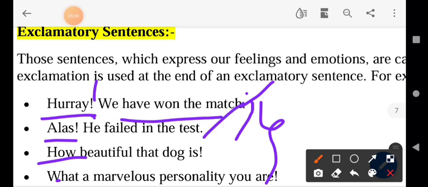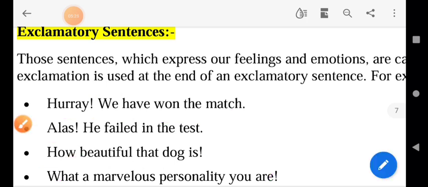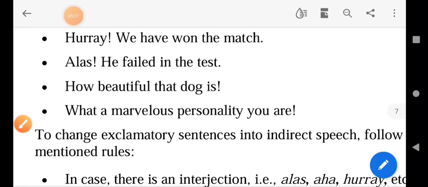It is a sorrowful thing. It is a depressed thing. It is sad news. He failed in the examination or test. It is a surprise: how beautiful the dog is. That is the structure. While using interjection words, we keep the exclamation mark by the side of that word.